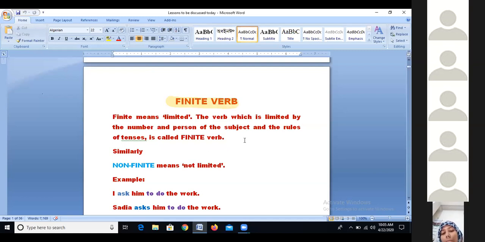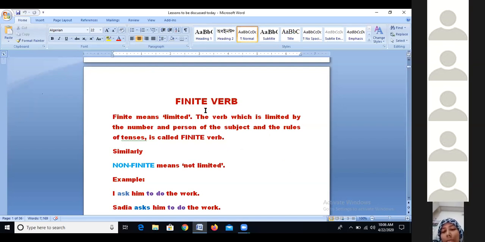And when you try to prepare a simple sentence, complex sentence, or compound sentence, you must know the use of finite verbs and non-finite verbs. Otherwise, you may not produce sentences correctly.